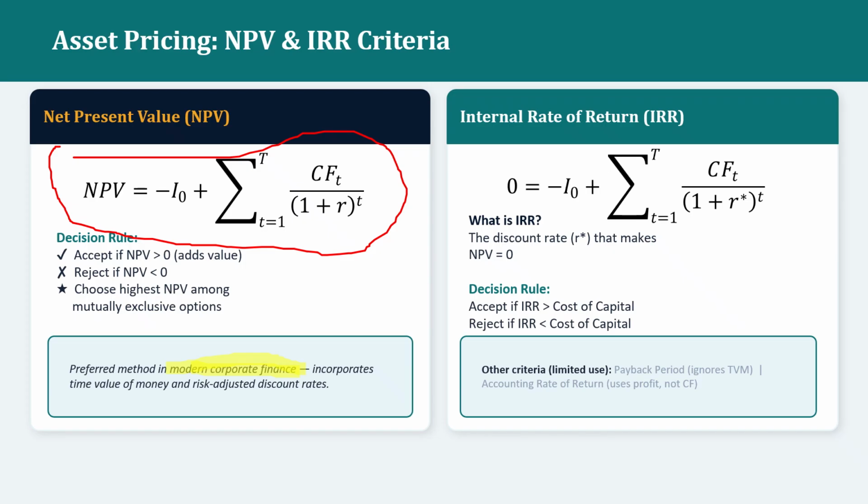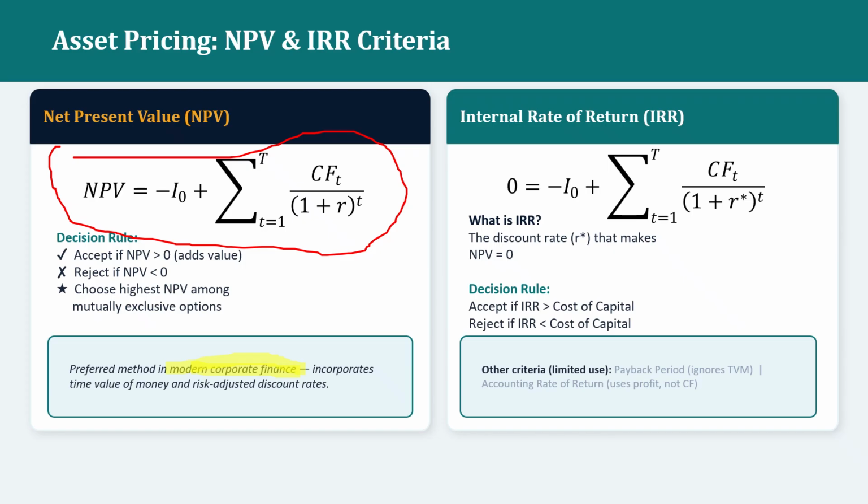The decision rule for IRR is to accept the project if IRR is greater than the cost of capital, that is, the minimum return required by the investors, and reject if the IRR is less than the cost of capital. In simple language, if the project's internal return beats what investors are demanding, it is a good project.